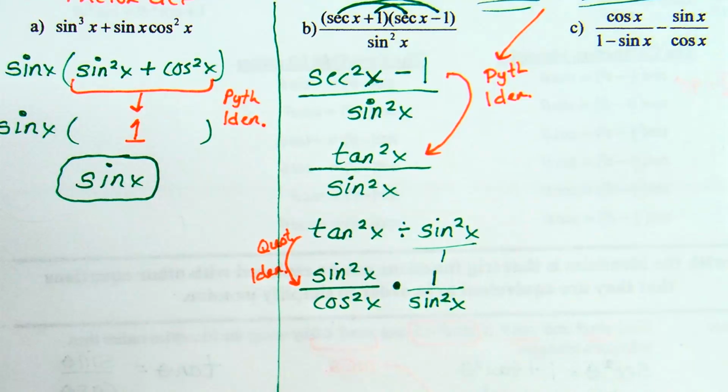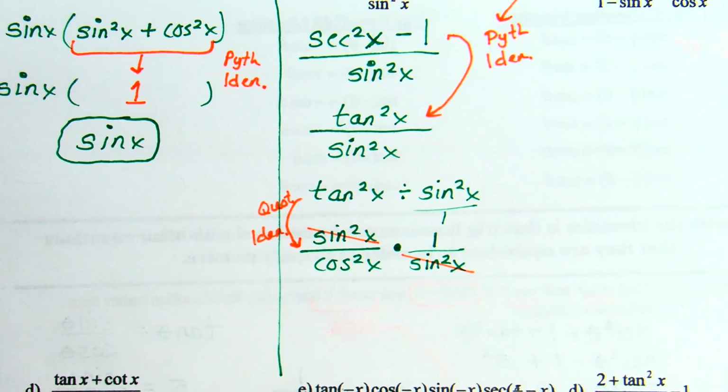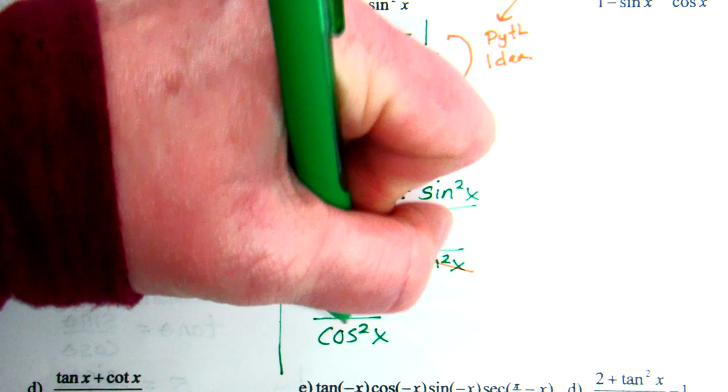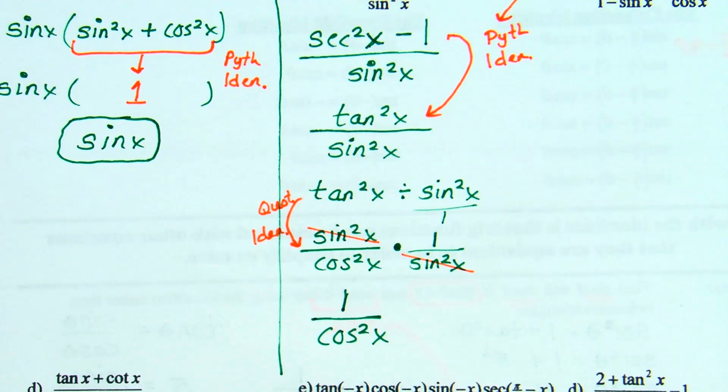When I multiply this, I currently have 1 on top, 1 over cosine squared x, which is pretty simple. However, you won't see them leave a fraction unnecessarily.